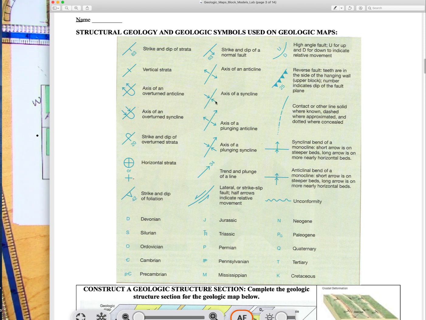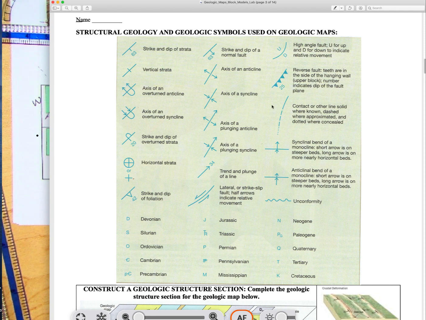In this case, it's a syncline because the two arrows are pointing toward the center. That means that the strata are all dipping toward the axial plane. And then here we have the axial plane for an anticline, and note that the strata are dipping away from the axial plane. And then when you have a plunging fold, and we'll look at some of these later, this arrow indicates the direction of plunge, either for an anticline or for a syncline.